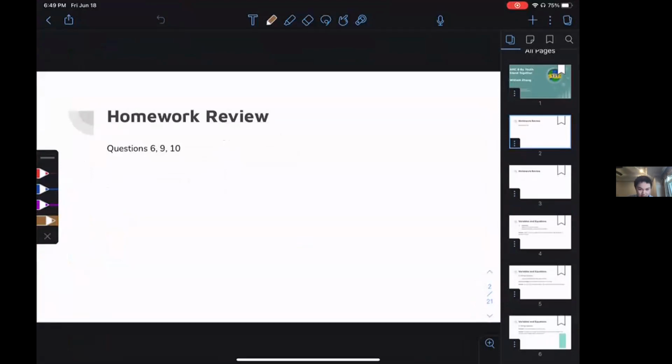So start off with the homework review. I'm assuming that most of you have already done it. To start off, I have question 6. The problem statement is: a ball is dropped from a height of 3 meters. On its first bounce, it rises to a height of 2 meters.